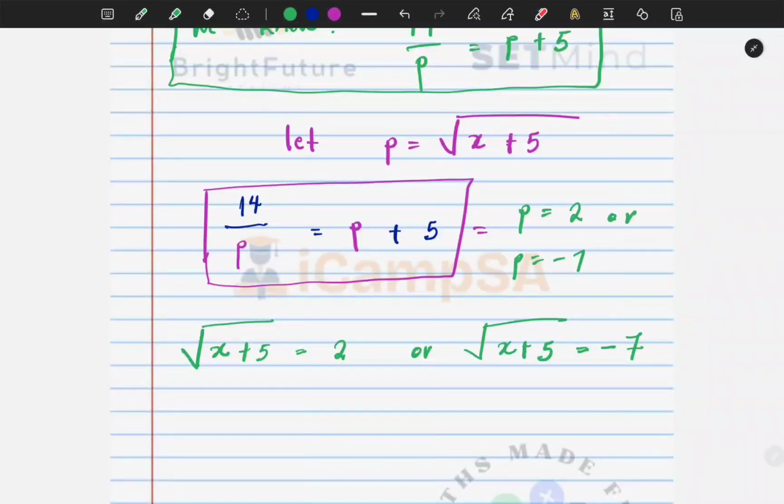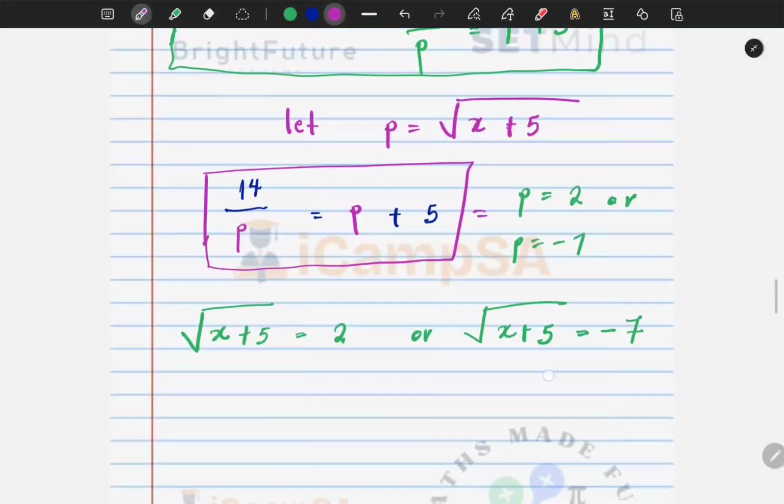I'm going to start with this one. Here I have the square root of x plus 5 equals negative 7. There is no value of x on a square root that will give me a negative 7. So we can already write that this has no real solution.